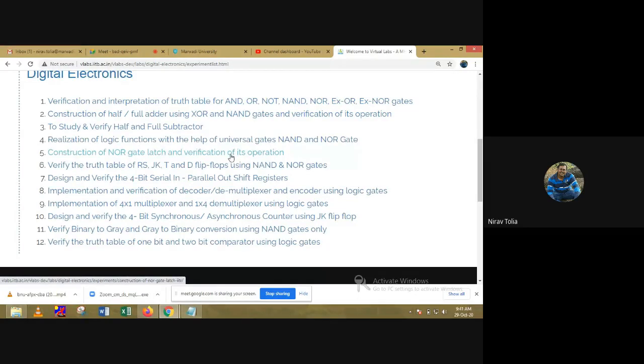Experiment number 5, which we performed in the last lab session, is the SR flip-flop. What is the meaning of SR? The S means set and R means reset.